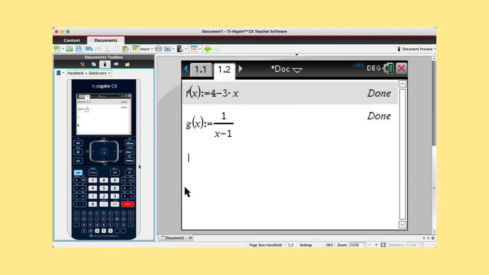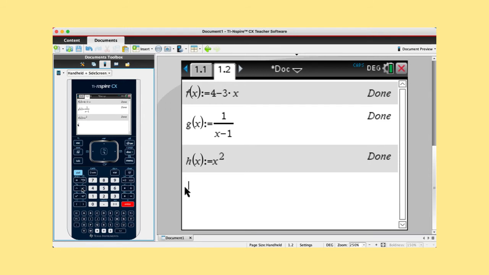Now h of x, x squared, enter. So now our three equations are defined.